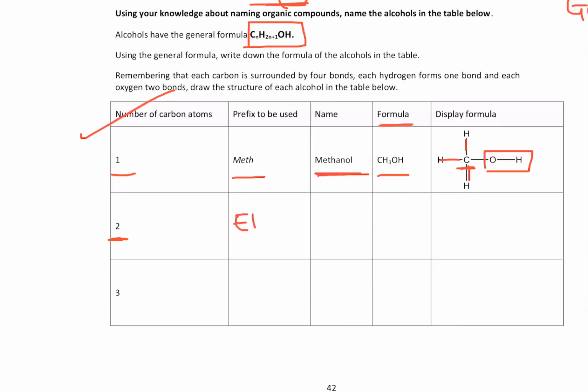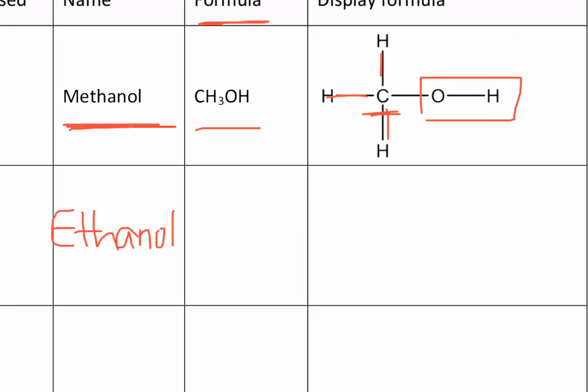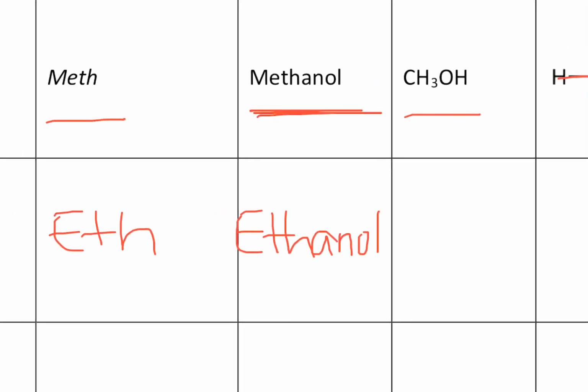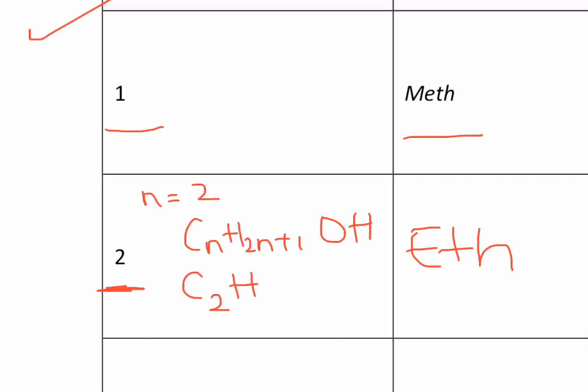Let's do it for 2 carbons. It will start with eth, so ethanol. And it should have formula, because n is equal to 2, CnH2n+1OH: C2, 2 times 2, 4 plus 1, 5, OH.